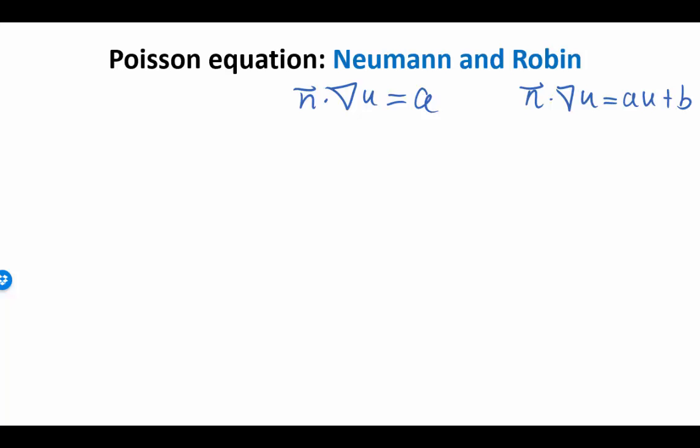So if you have this kind of boundary conditions, we can integrate them into a combination of the weak form, the bilinear form and the linear form. Let's do Neumann boundary conditions first and Robin boundary conditions second.